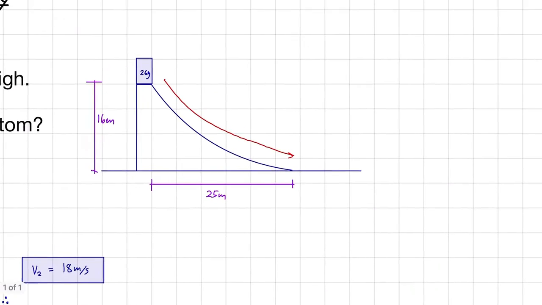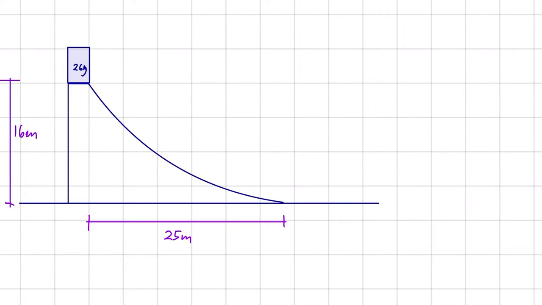What does that mean? Well, that means when our kid reaches the bottom of the slide, once his height is 0, he's going to have a speed of 18 meters per second. That's all his potential energy converted into kinetic energy.